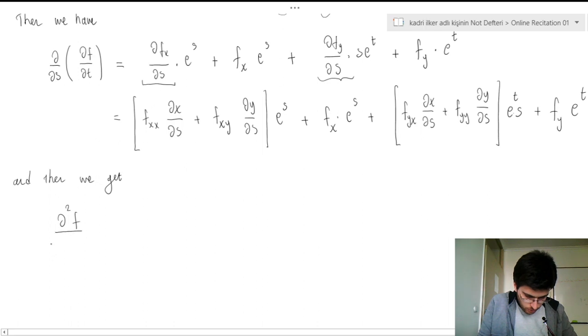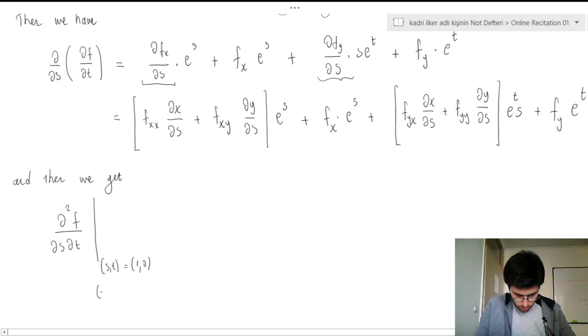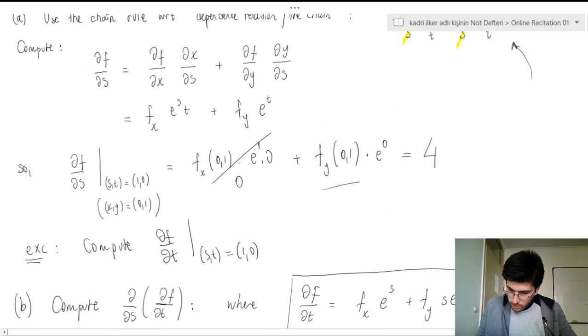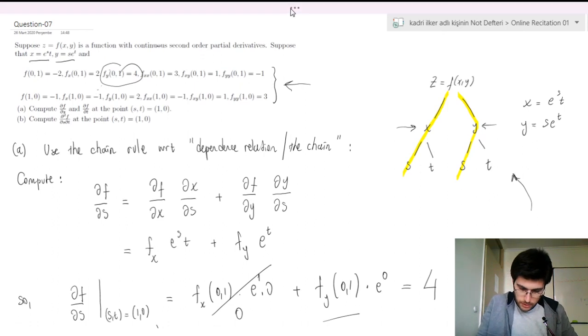Sometimes the notation will be given like this and evaluated at (s,t) = (1,0), or similarly we have this. Okay, and then of course you should use the data given over here.